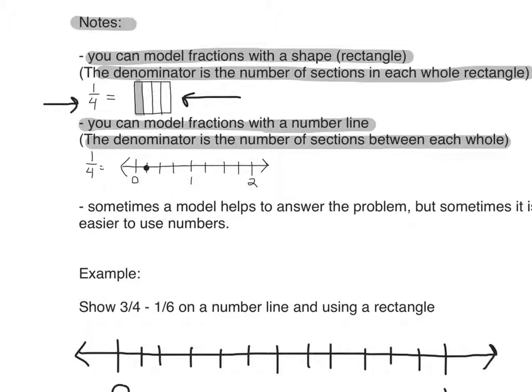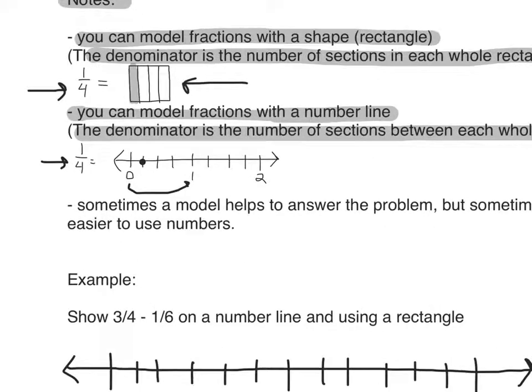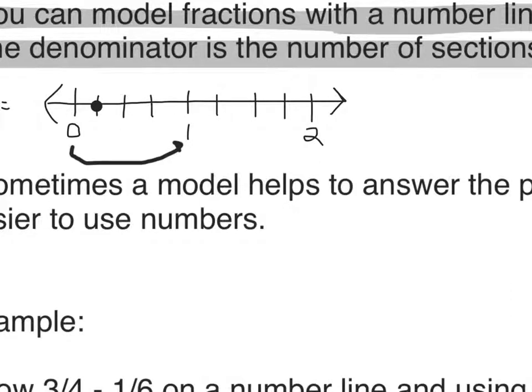So let's model 1/4 on the number line. The denominator is 4. There should be 4 sections between each whole number. So from 0 to 1, there's 1, 2, 3, 4 sections. Not little lines, but sections.